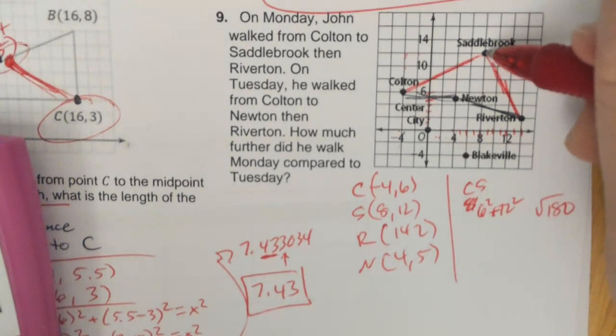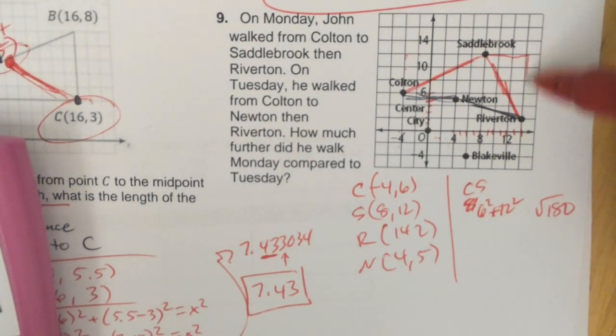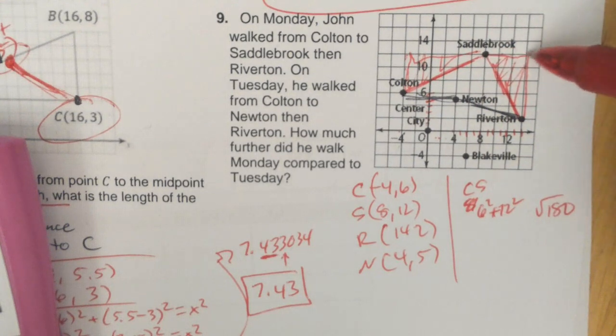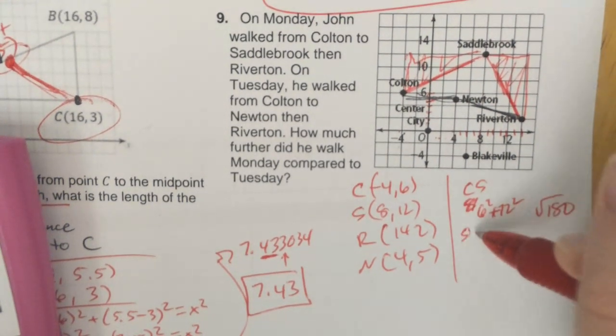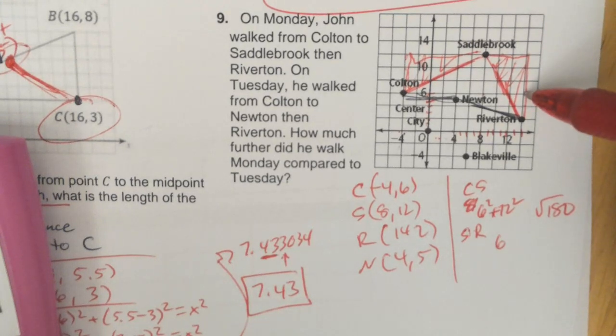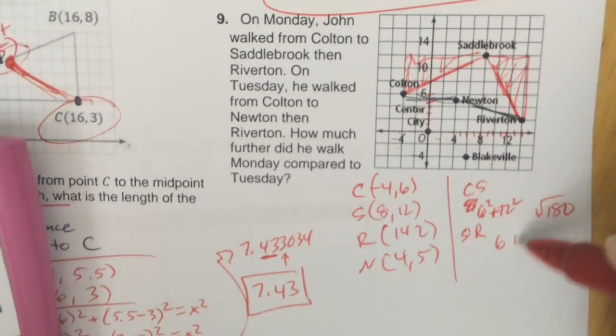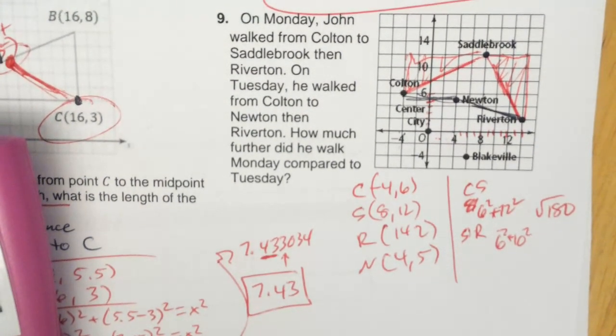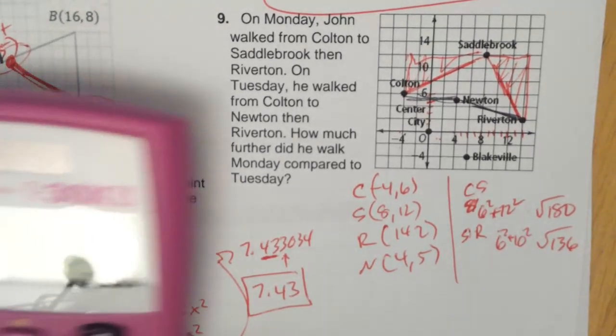Okay, and then from Saddlebrook to Riverton, we went 2, 4, 6, and we went 2, 4, 6, 8, 10. Okay, so 6 squared plus 10 squared, and we get the square root of 136. So together, how far did we go?